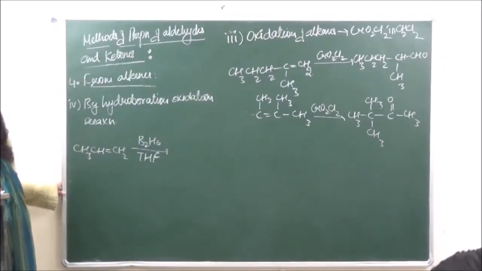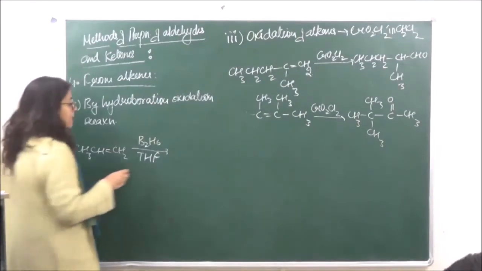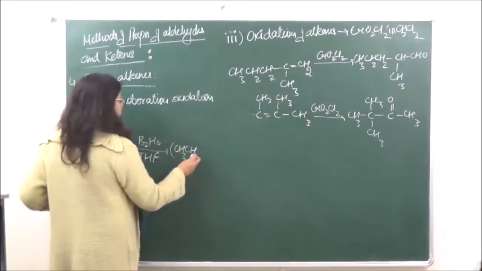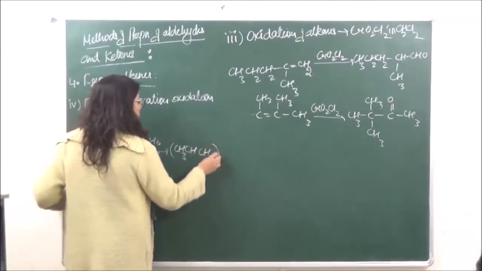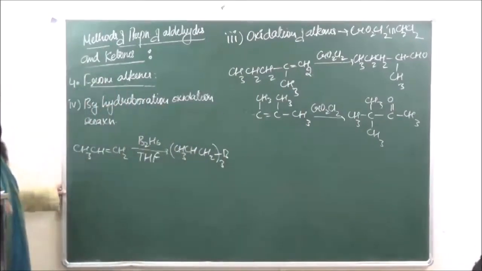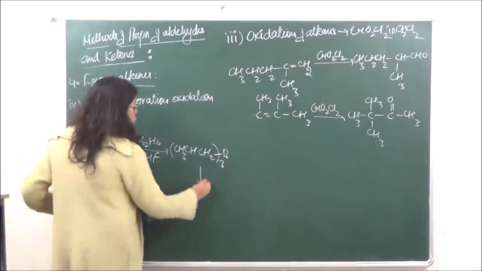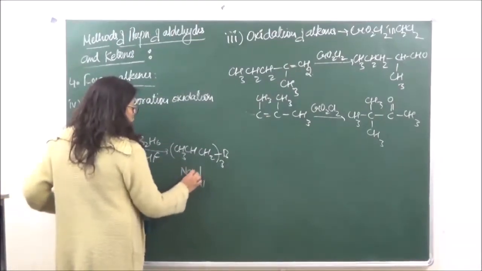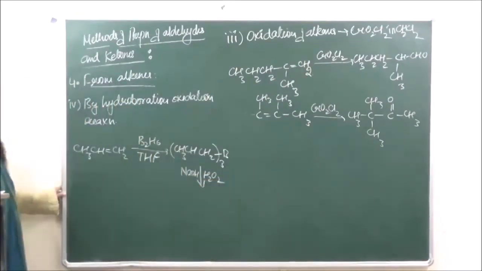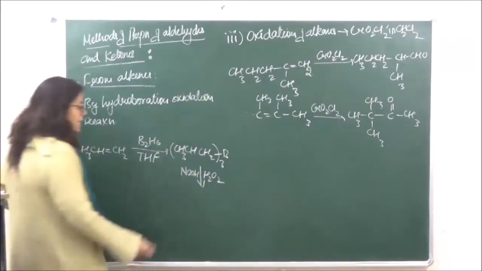So this is going to give us tripropyl borane. This is the same reaction as we had done in alcohols. Tripropyl borane. Then we subject this to NaOH in presence of a peroxide, when this is going to give us an alcohol.